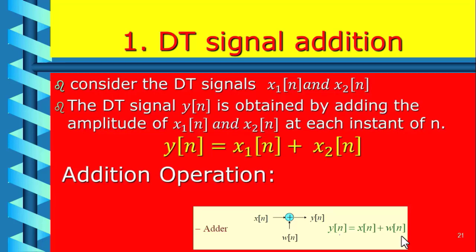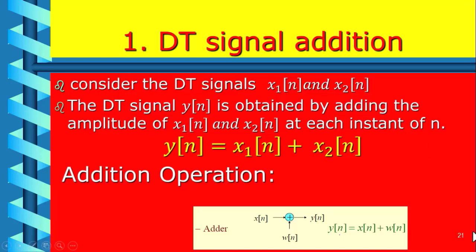Consider the two discrete time signals x1 of n and x2 of n. The DT signal addition operation is given by y of n, which is equal to x1 of n plus x2 of n. The DT signal y of n is obtained by adding the amplitudes of x1 of n and x2 of n at each instant of n.